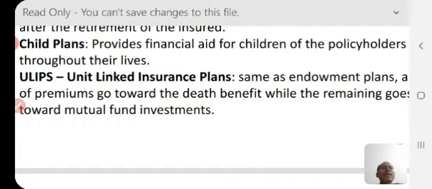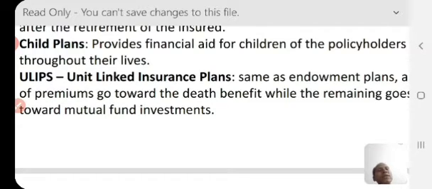Child plans provide financial aid for children of policyholders throughout their lives. It gives protection for the financial needs of the children with this policy.